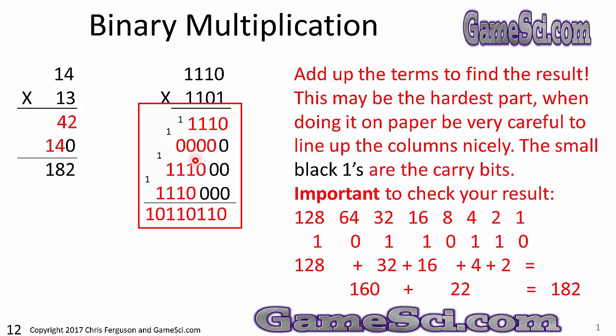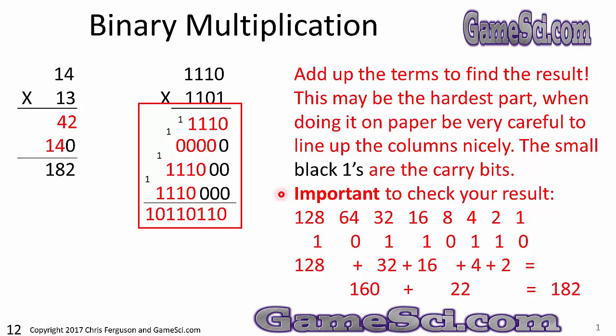There are 2 1s in this column, so that's 0, carry the 1. There are 3 1s in this column, so that's 1, carry the 1. Once again, we have 3 1s in this column, so it's 1, carry the 1. 1 plus 1 is 0, carry the 1. And there's our final result. Line up the columns and it's a lot easier.